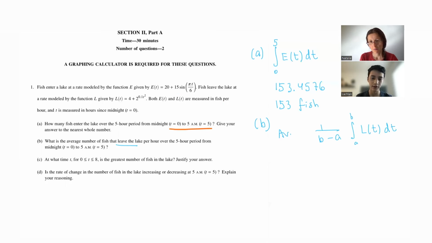So 0 is going to be a and 5 is going to be b. And we're trying to find the average number of fish that leave the lake per hour. So it's going to be 1 over 5 minus 0 times the integral from 0 to 5 of the function L of t dt.